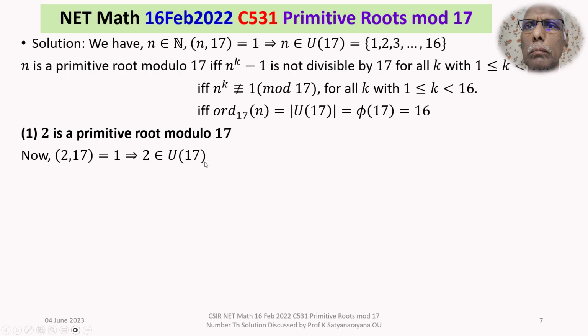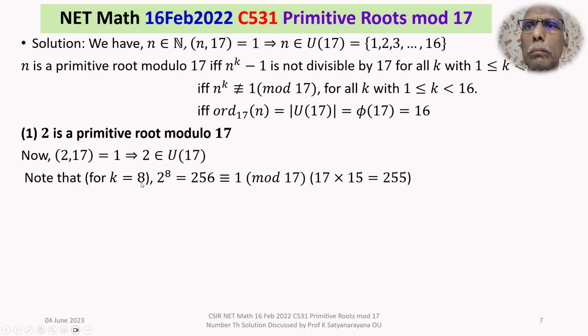Note that for k equal to 8, 2 power 8 is 2 power 4 times 2 power 4, 16 times 16, that is 256. And 256, when you divide by 17, you will get the remainder 1. So 256 is congruent to 1 mod 17 because 17 multiplied by 15 is equal to 255. That means when you divide 256 by 17, the remainder is 1.